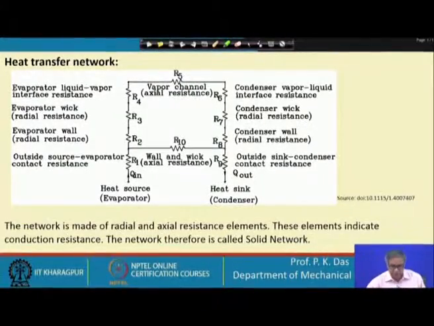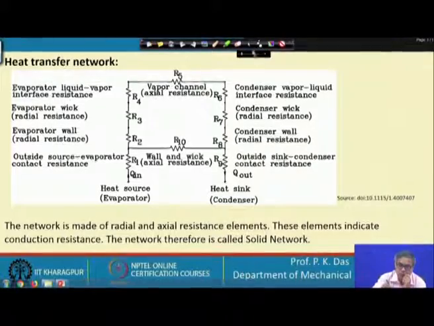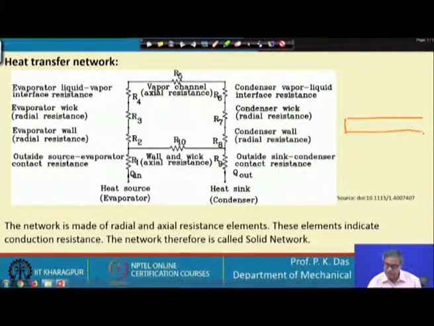If I draw side by side, it will be clear, I believe. So, let us say this is my heat pipe.